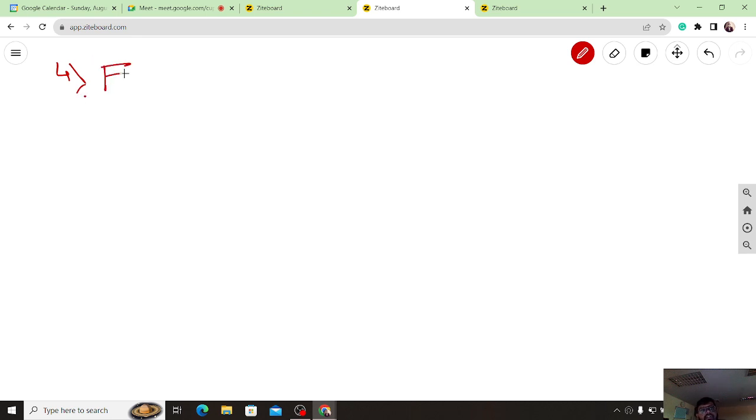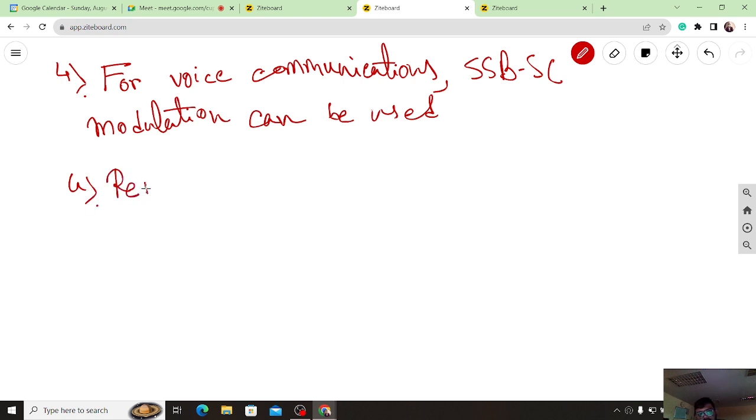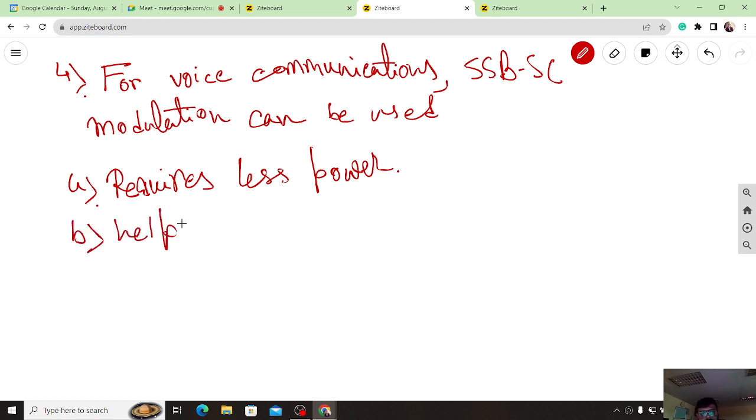For voice communications, SSB-SC modulation can be used for which of the following reasons? A, it requires less power. B, helps in synchronization.